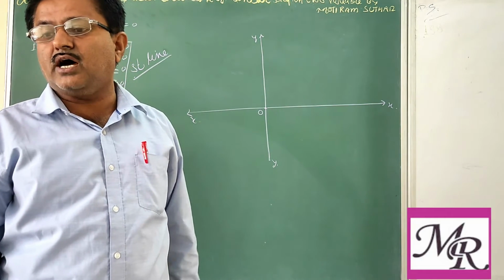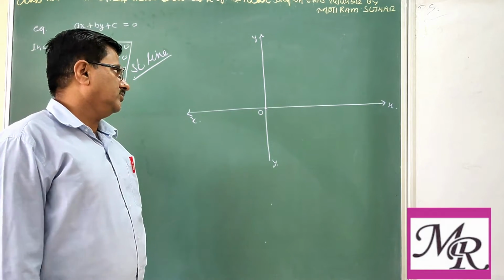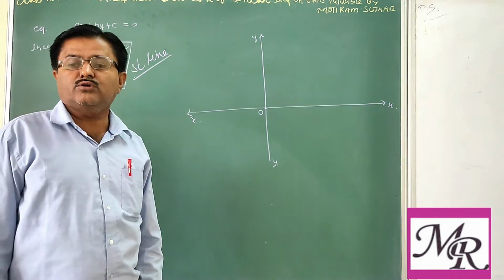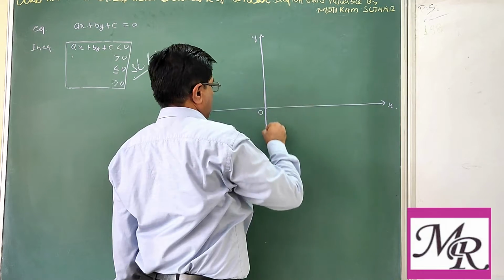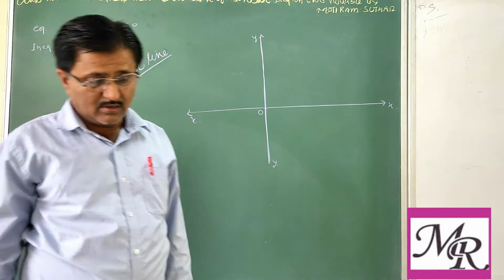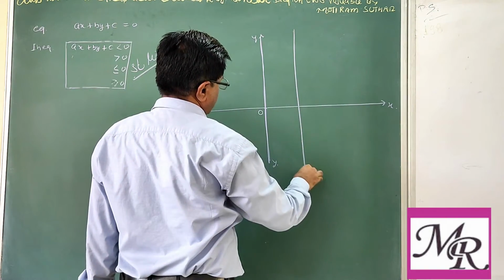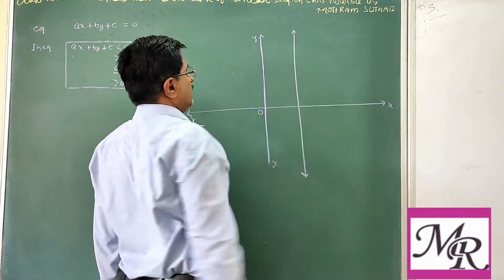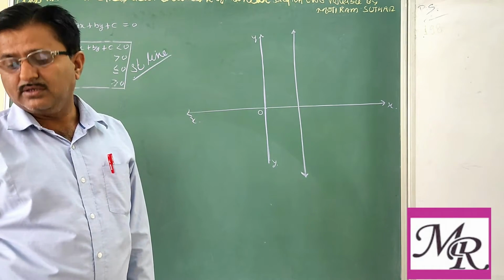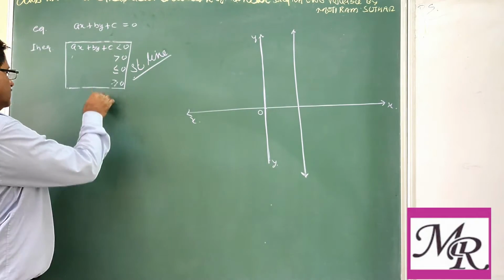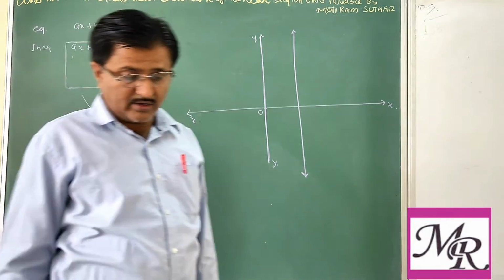Now in different situations, this line may be in different positions, but in this way you can say the line will be of two types.